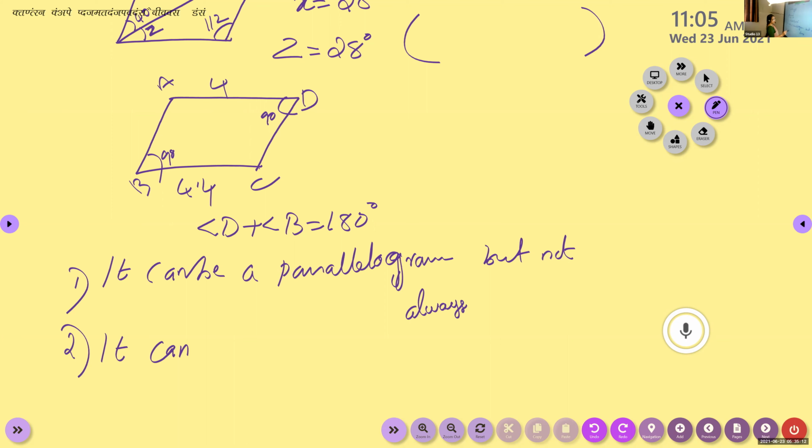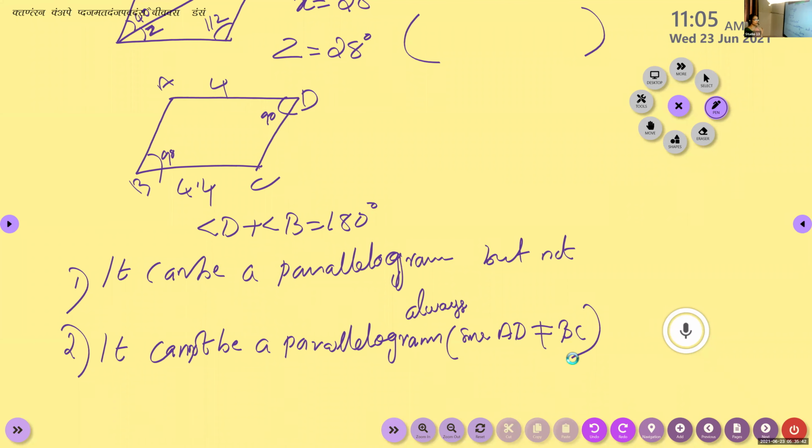It cannot be a parallelogram since AD is not equal to BC.